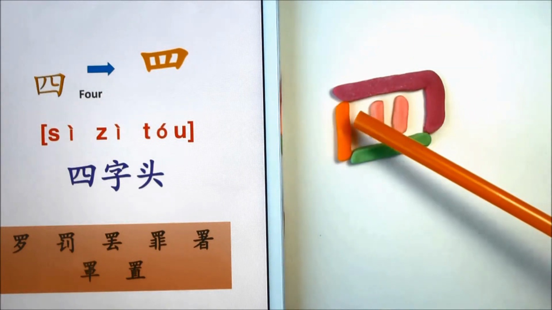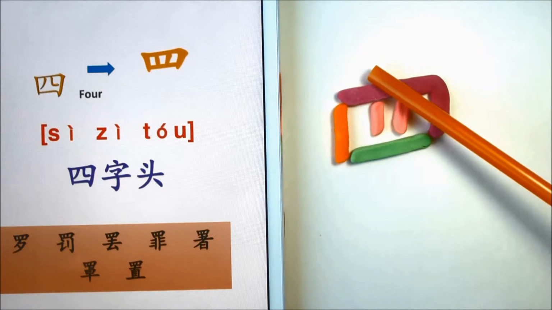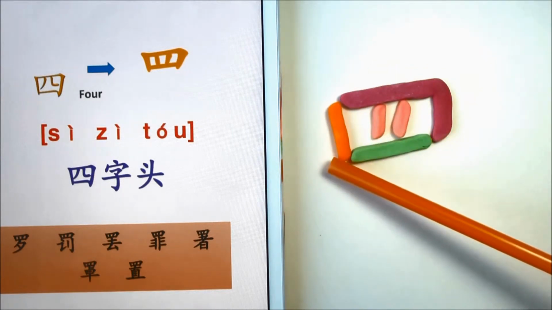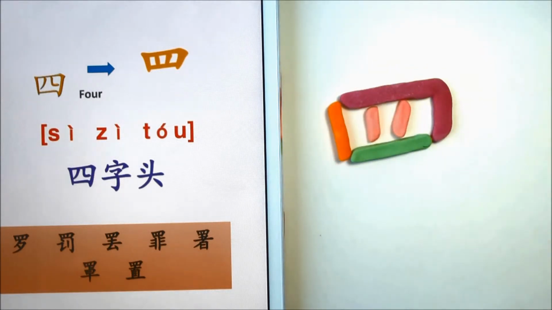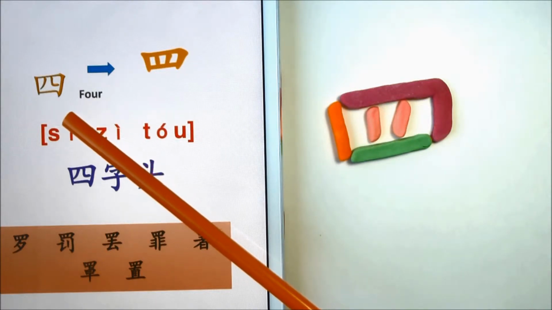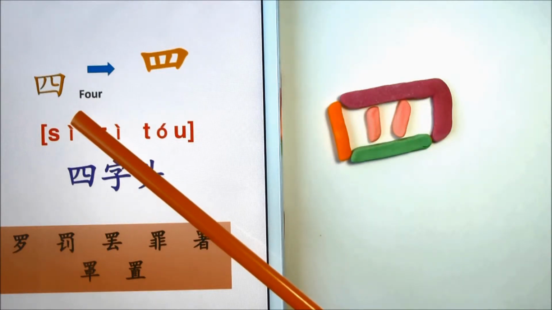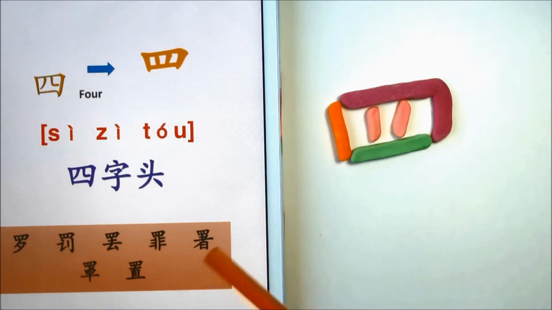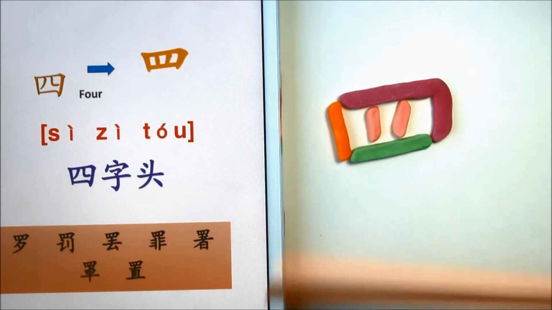This radical is called 四字头. Comes from the character 四, means 4. We learned 四 in lesson 35. 四字头 is often at the top of a character. Here are some examples of that.